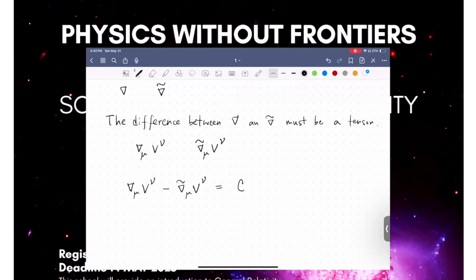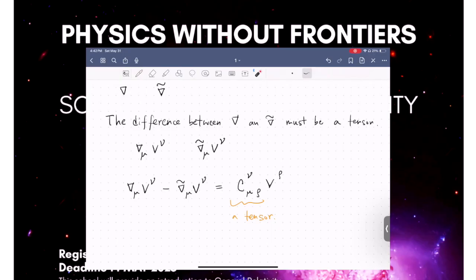Let's say something like this, where this is a tensor. Okay. So this is an important result.